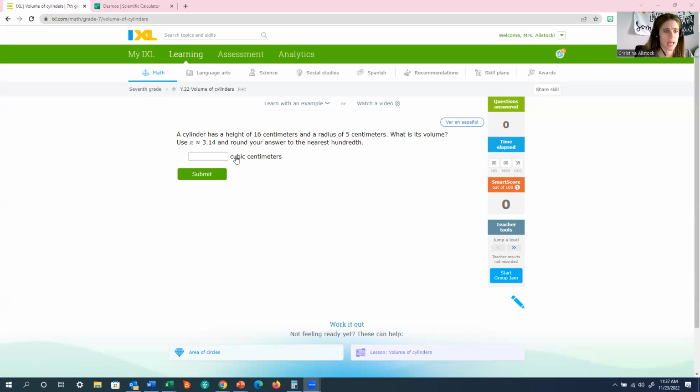So a cylinder has a height of 16 centimeters. It has a radius of 5 centimeters, and we are being asked to find the volume, and we're continuing to use 3.14 as our approximation for pi.